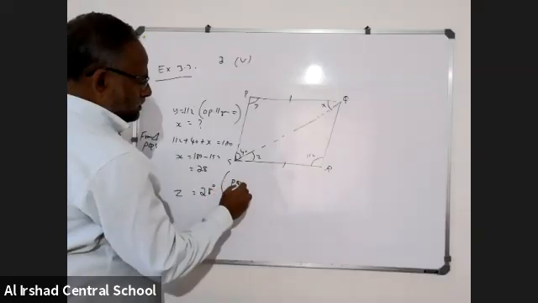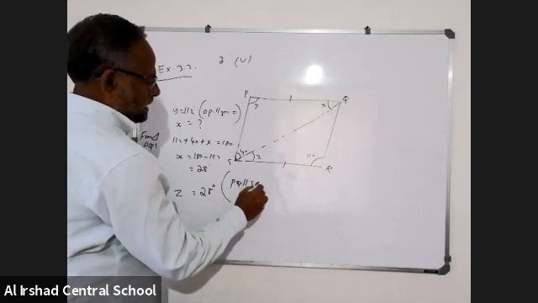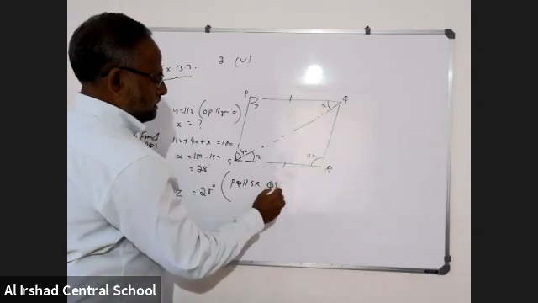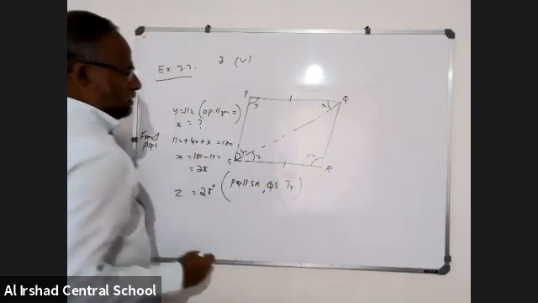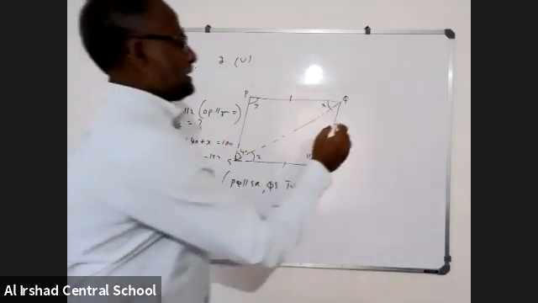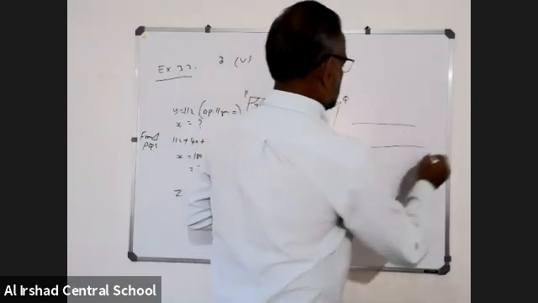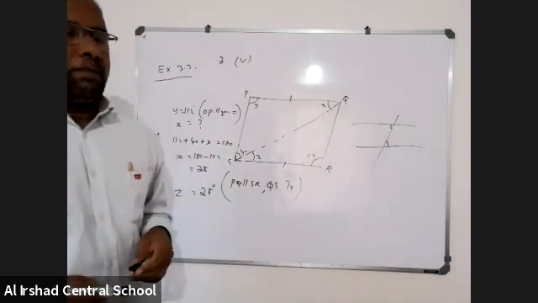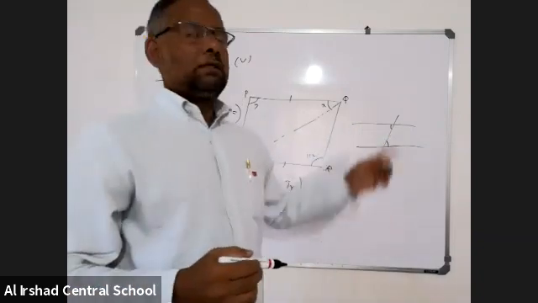It is a parallelogram. You know, PQ is parallel to SR. Then QS is the transversal. When a transversal intersects two parallel lines, alternate angles are equal. Corresponding angles are equal.